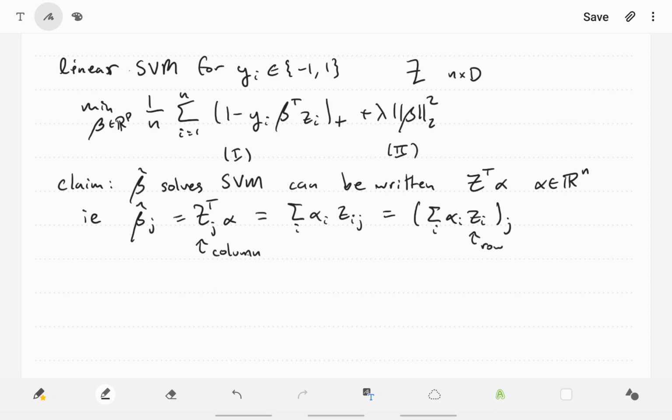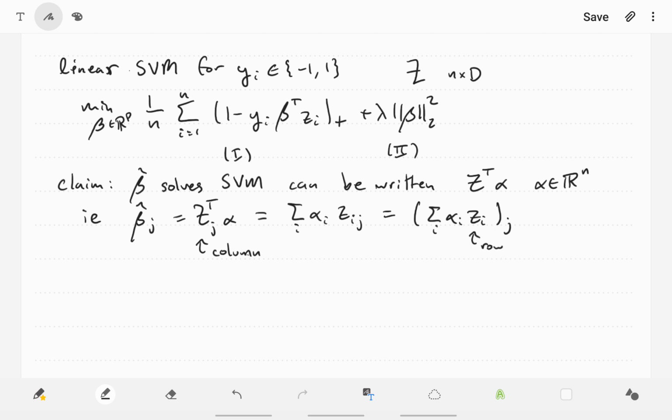But what this means is that the beta is some linear combination of the z's, and that was true of ordinary least squares, for example.